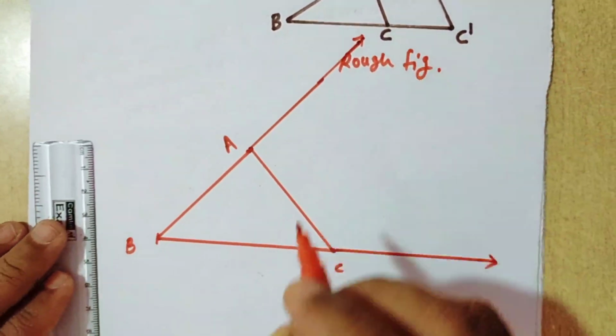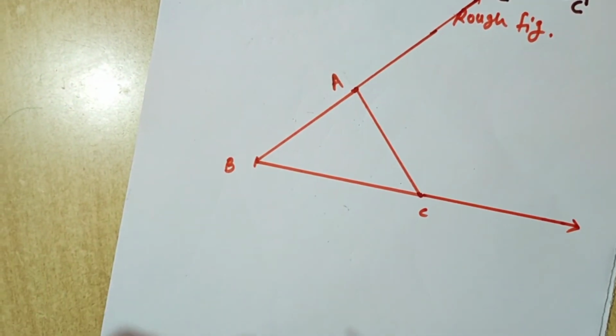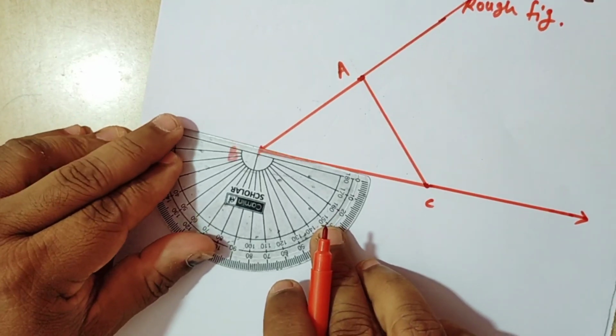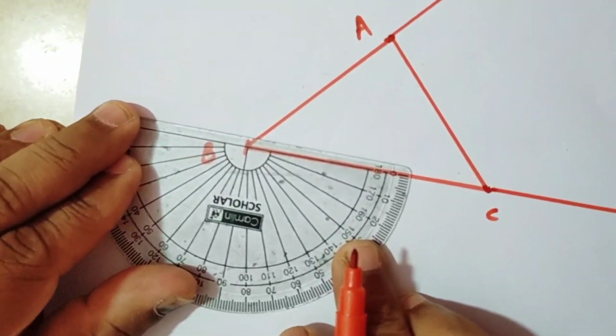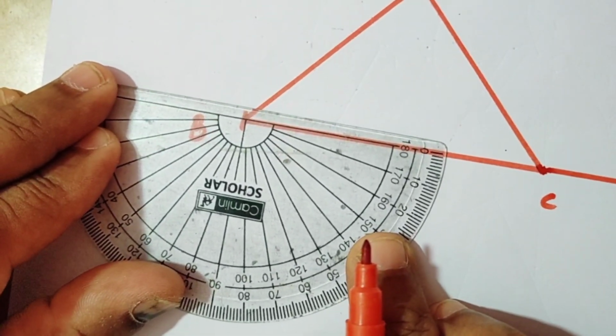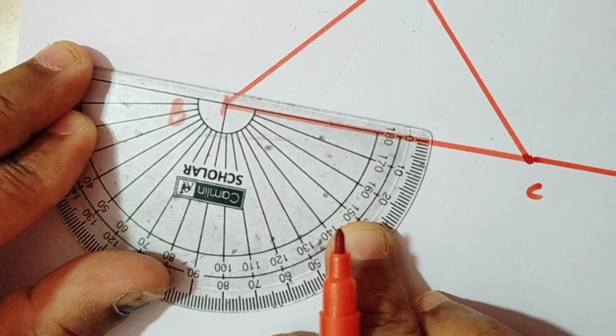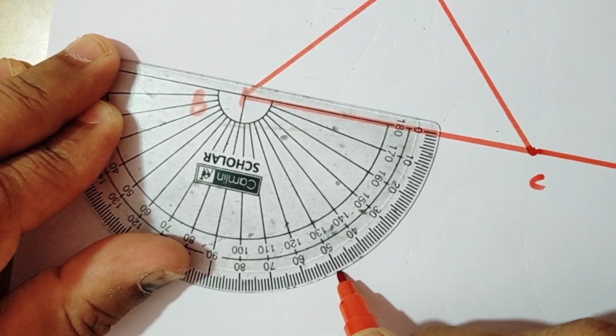Then down at point B we have to draw one acute angle. Keep your protractor like this. Now see, the zero line must pass through BC. And yes, in the last video I told you to take 50 degrees, 40 degrees, but I think 50 degrees is sufficient.